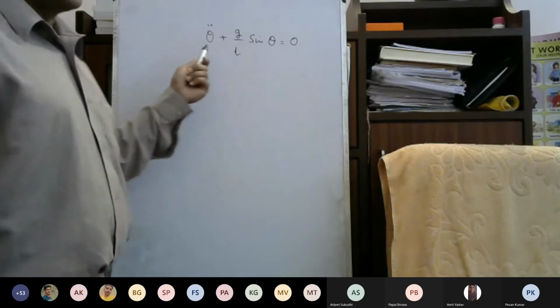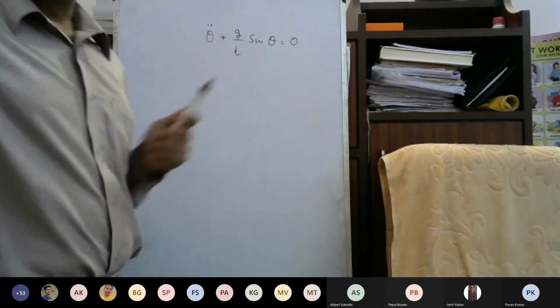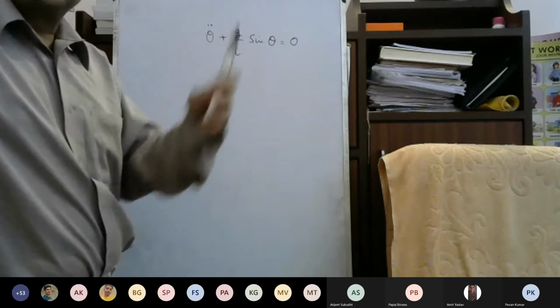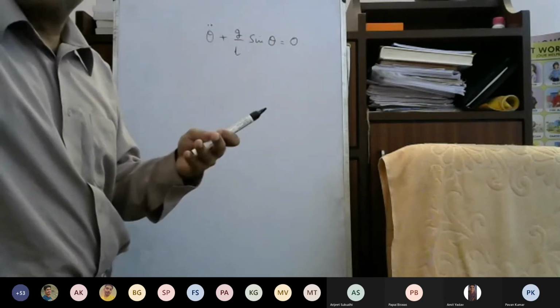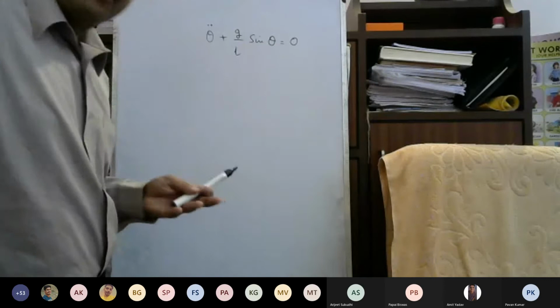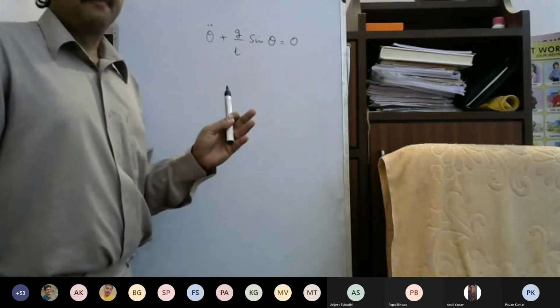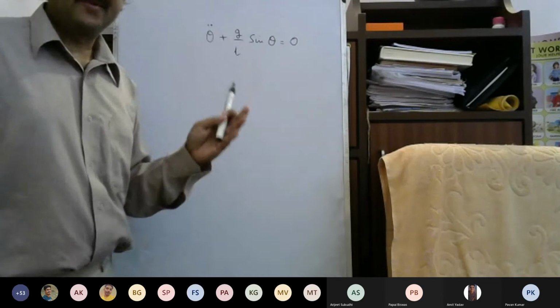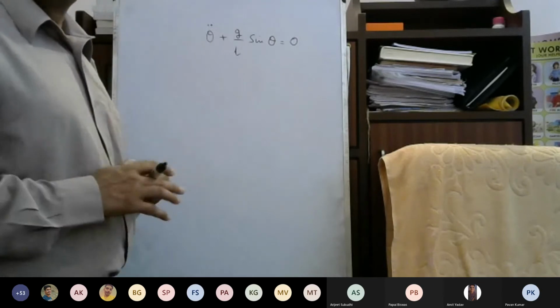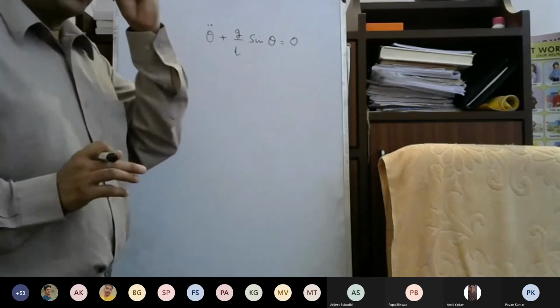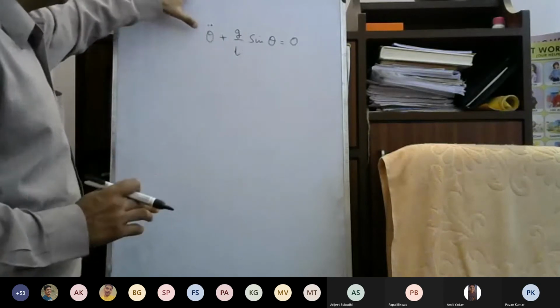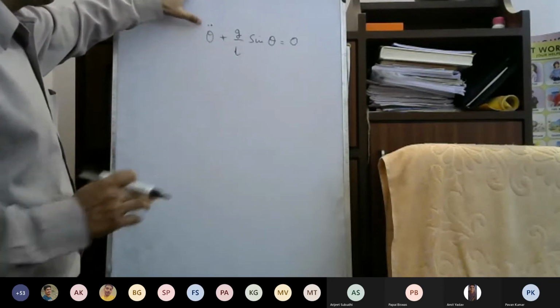But in the later classes, we'll learn how to systematically generate the equations of motion. Using Newton's law is one technique, of course, but there are other techniques which are more algorithmic, more routine, and I suggest that you master those techniques. Anyway, this is our equation of motion.